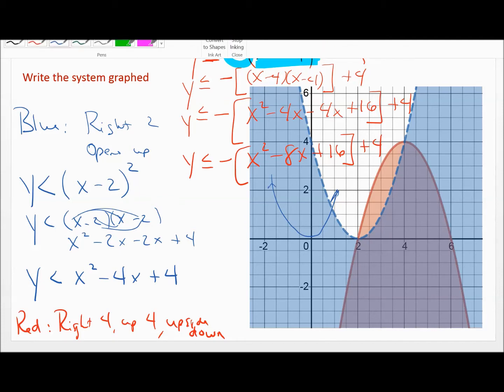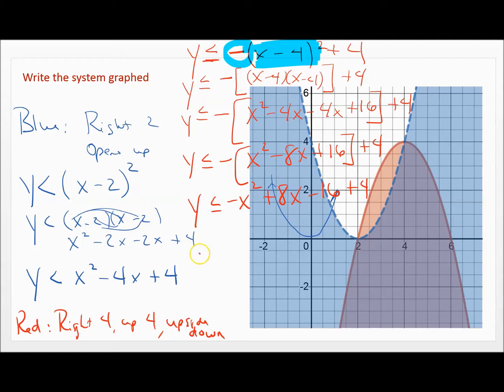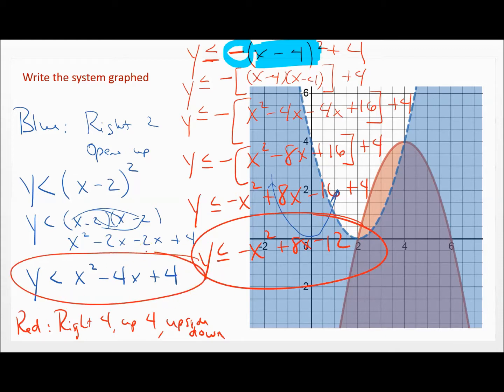So that's y is less than or equal to negative x squared plus 8x minus 16 plus 4. So finally I have y is less than or equal to negative x squared plus 8x, and negative 16 plus 4 is negative 12. So this guy and this guy right here are my final answer.